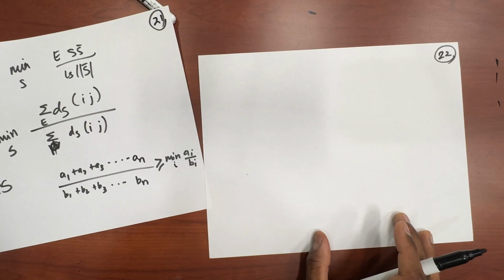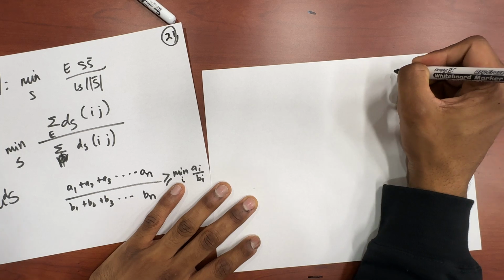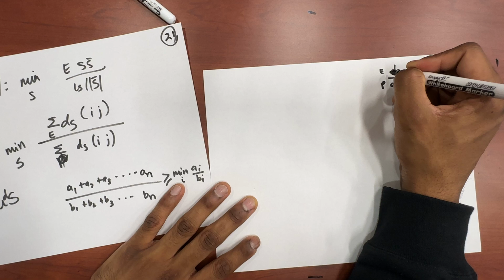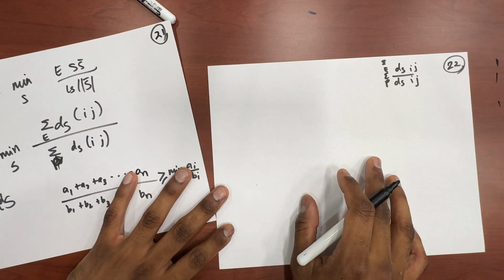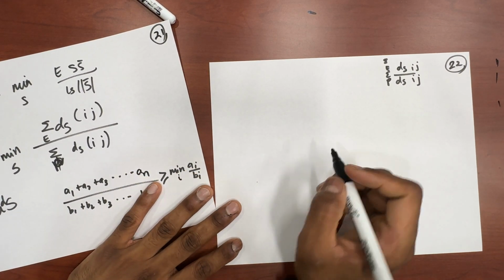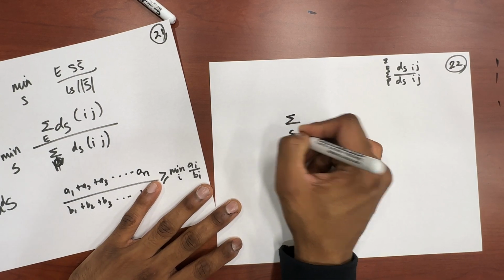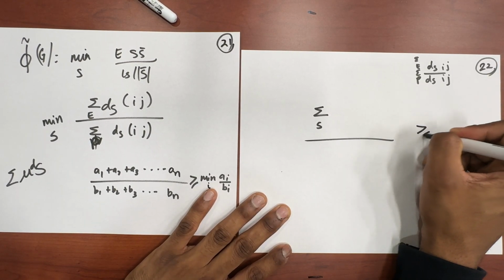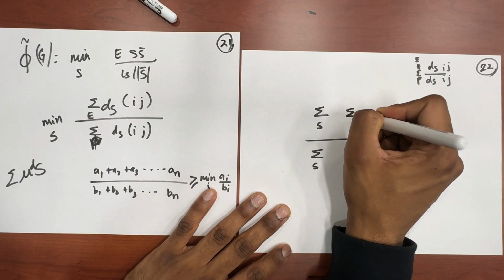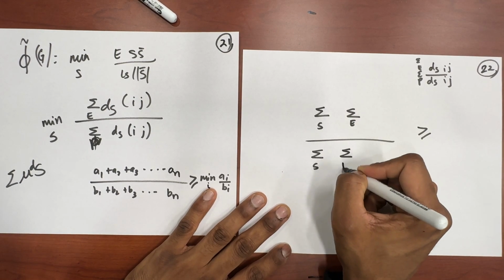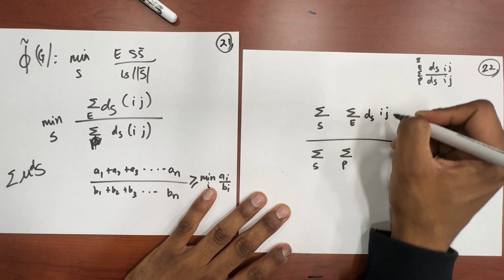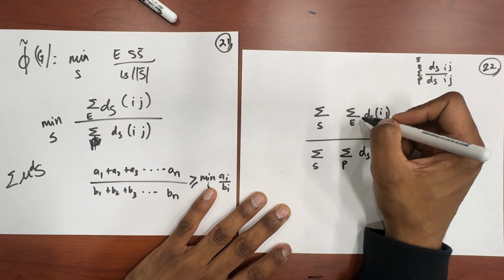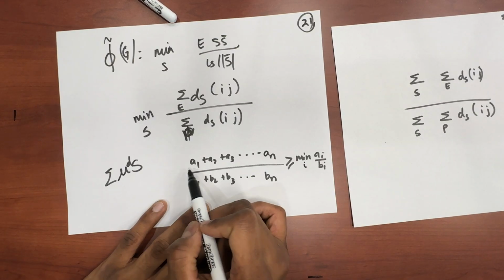So instead of writing the minimum over d_S(i,j), edges and pairs, let me write it as a sum over all S's. Sum over all S's, divided by sum over all S's, sum over all edges, sum over all pairs, d_S(i,j). And again, I can take a weighted sum.